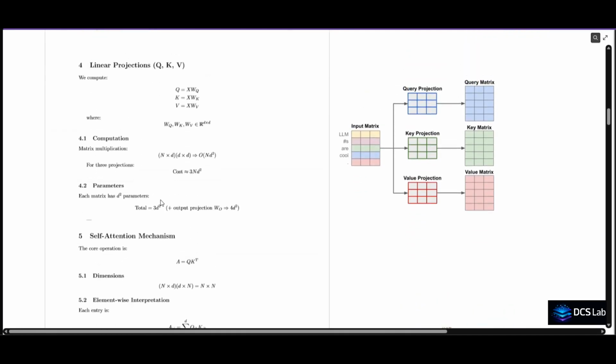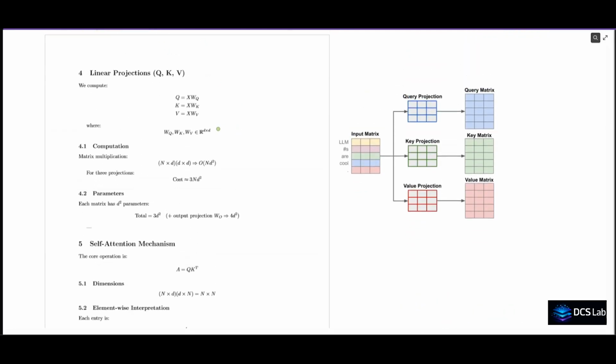For our analysis, we will look at both the parameter count and the computation cost: the total number of parameters in the architecture and the total computational cost. Now, in self-attention, we compute the query, key, and value, QKV. This is our input matrix X, with dimension n cross d, n tokens each with a vector of dimension d. First, we project it into a query, key, and value matrix, using trainable weights.